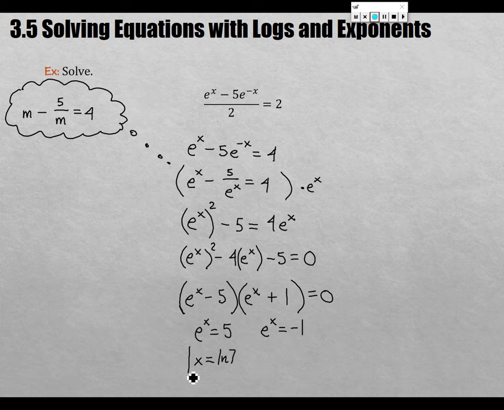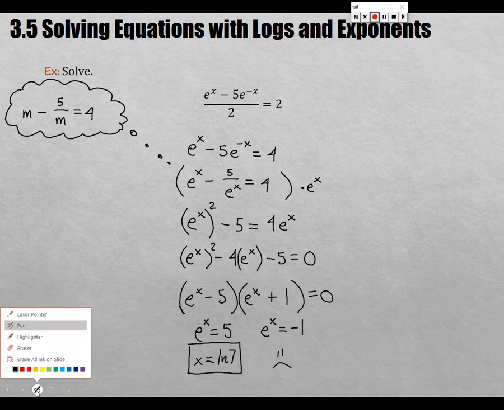Okay, so I'll just leave that answer there. And then over here we get ln, the natural log of negative 1, it's not a real number. Oh, log, sorry, I don't know why I wrote 7.